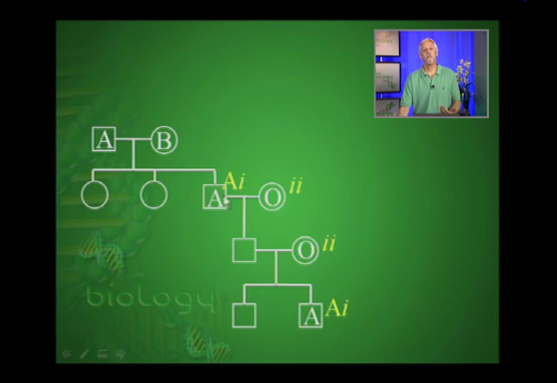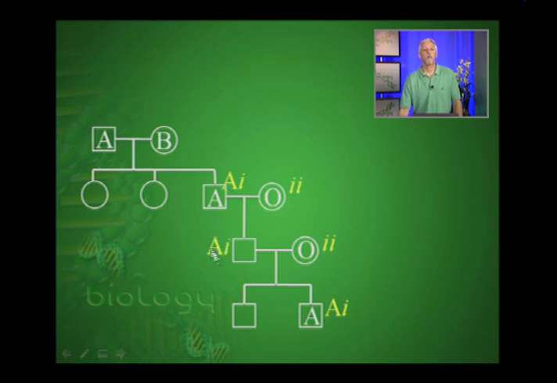Because if this individual had, let's say, a B allele there, it would show up in the next generation somewhere, and we can't see that. So again, this A allele had to come from somewhere. It didn't come from this parent, so it had to come from this parent. And so that means this parent had to be donating the A allele. And so we'll talk about, in a minute, why it couldn't be AA, but it has to be AI.